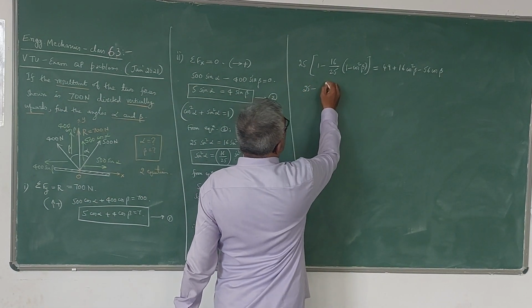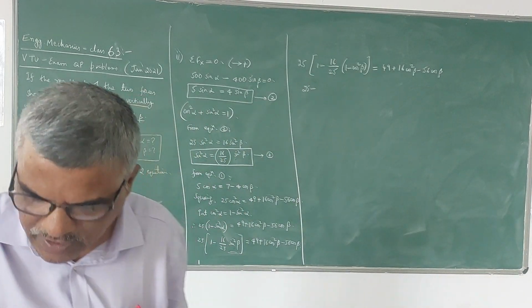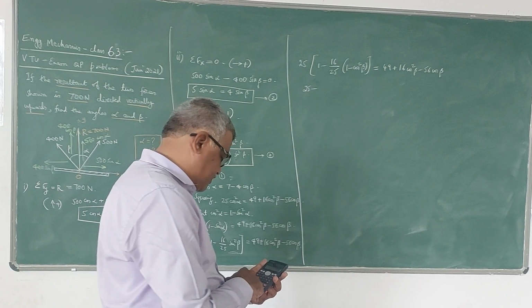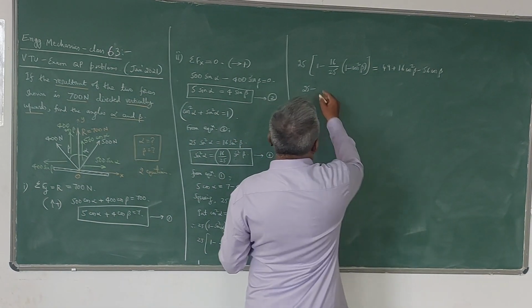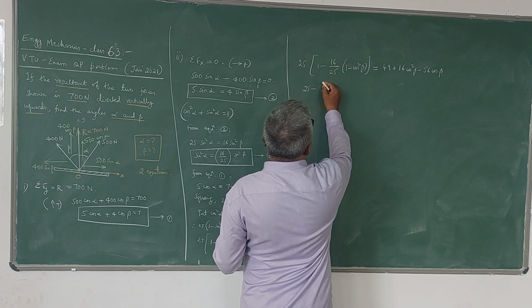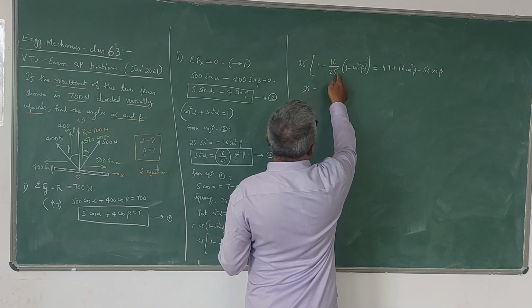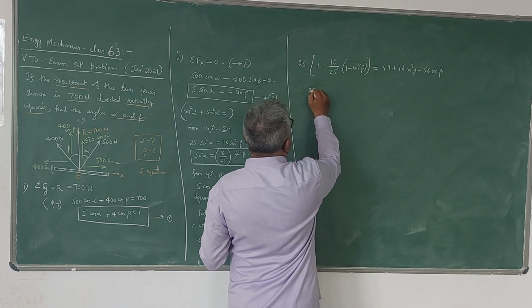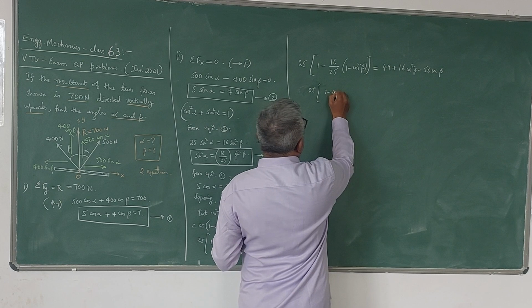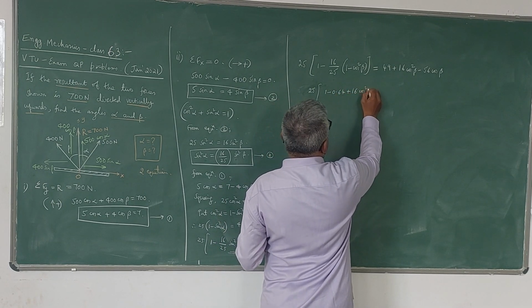25 minus 16 by 25. So 16 by 25, I think it is 0.64. Otherwise I write 25 into 1 minus 0.64 plus 16 cos square beta.